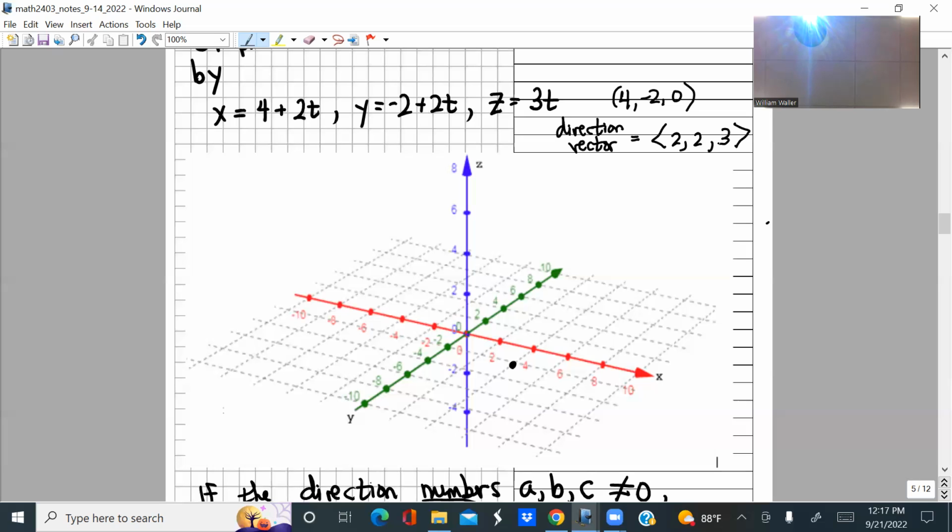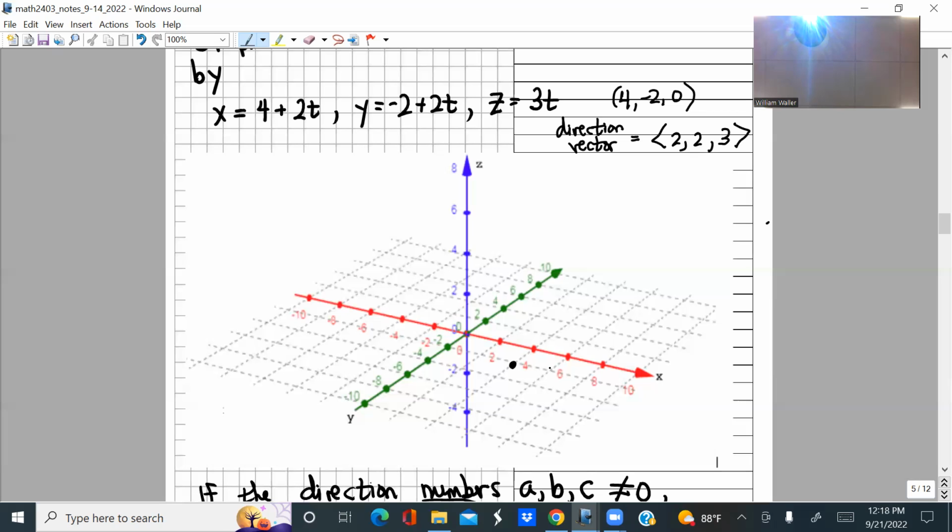direction vector. Oh, so if we start from this point and we go in this direction, that should bring us to another point on the line. Let's see, can we do that? So what is this direction vector telling me to do? Go down the x-axis 2, correct?